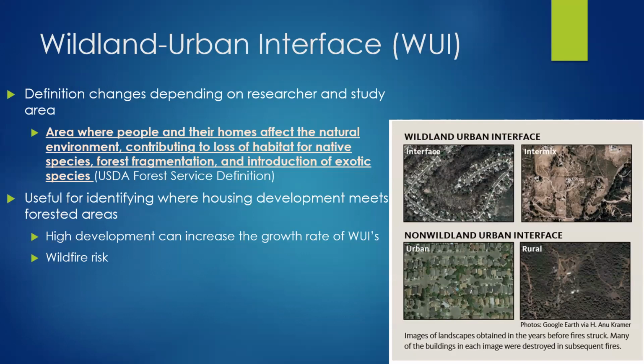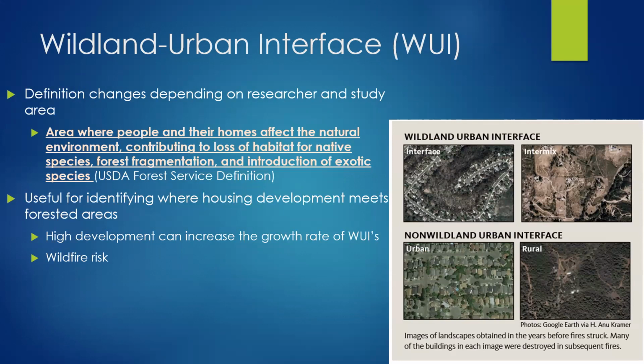Now, the definition actually changes depending on who's researching it and where the study area is. A general consensus in previous studies has shown that it's the area where housing and residential areas intermix or interface with dense vegetation. I do like this definition, but I feel as if the USDA Forest Service has a better definition.